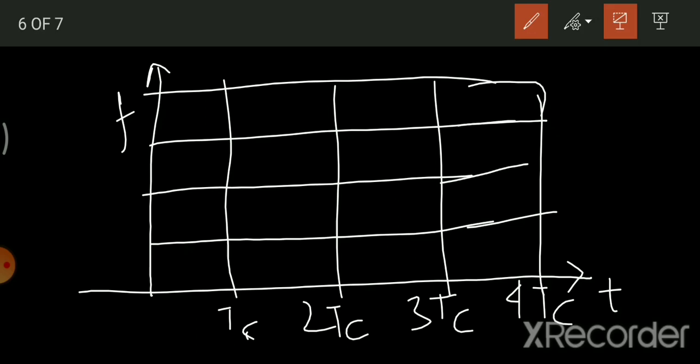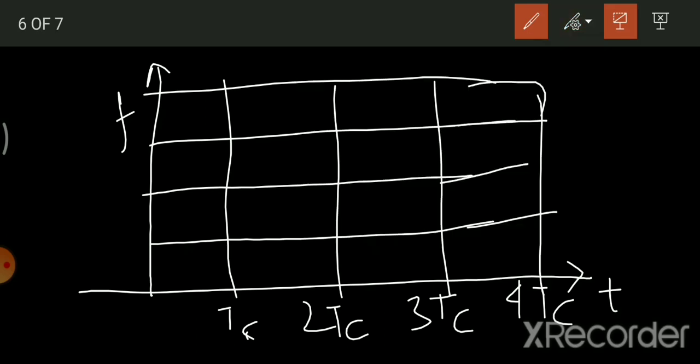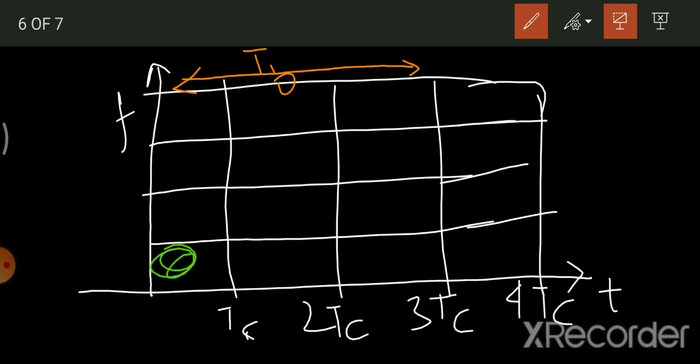Let us say this is the bit duration, TB. Within 1 bit duration, the frequency has changed 3 times.